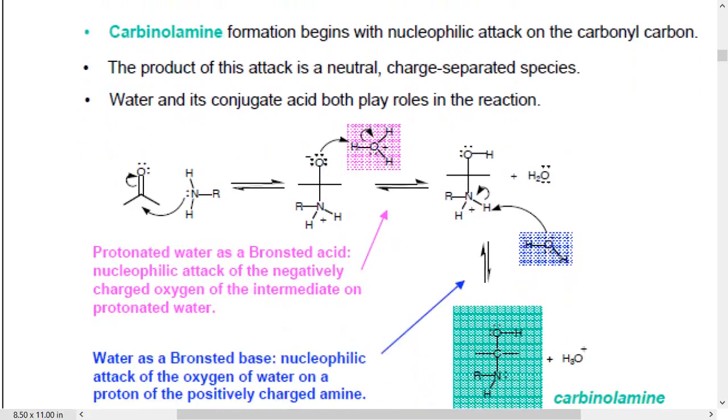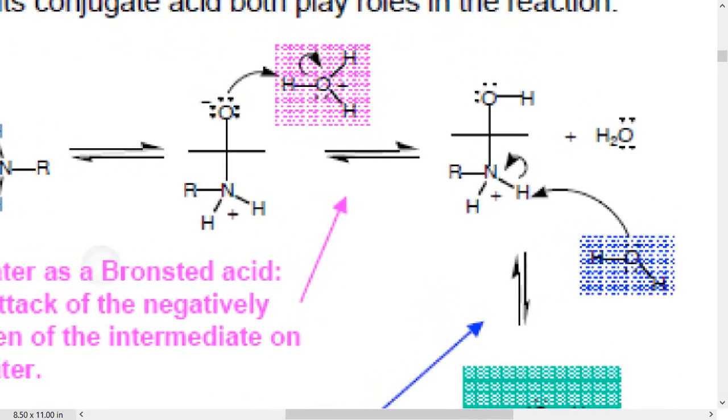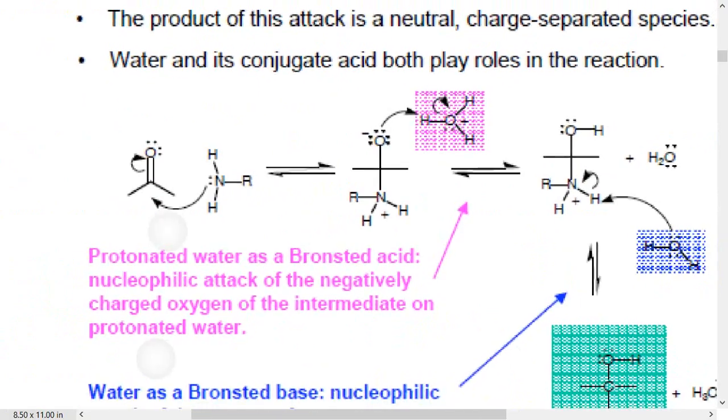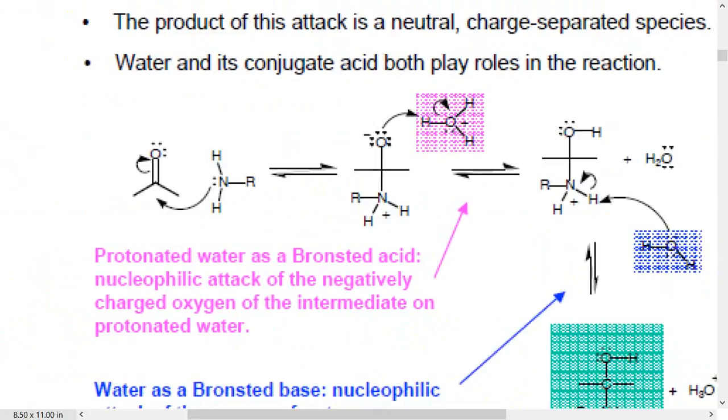Now we're going to see how they play an important role. This is a reaction which I'm going to show you. You have an amine, a lovely amine. It comes towards the carbonyl carbon and says to the carbonyl, you take the oxygen on yourself, and that's what it does.